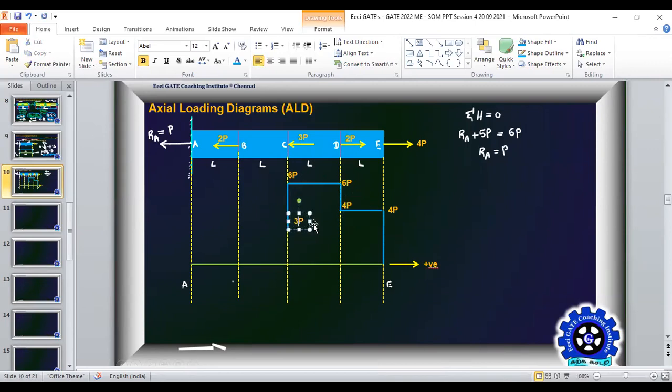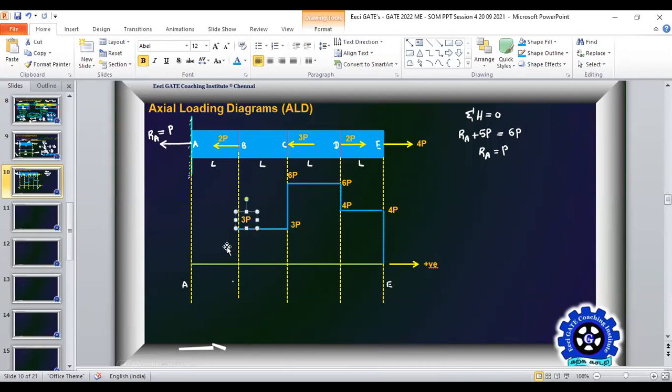Okay. Then you will get 3p. Then what to do? Don't lift your pen until unless next load came. Okay. So this is 3p. Then this will be 3p.